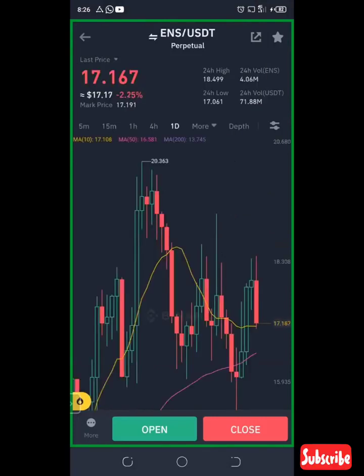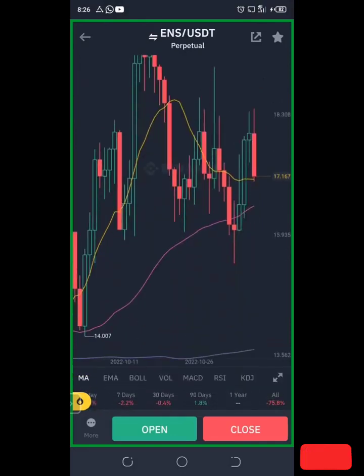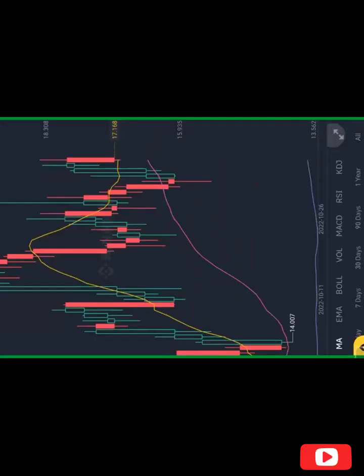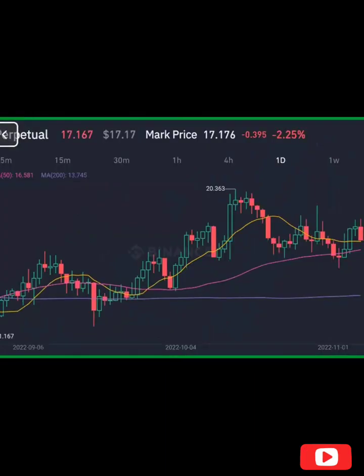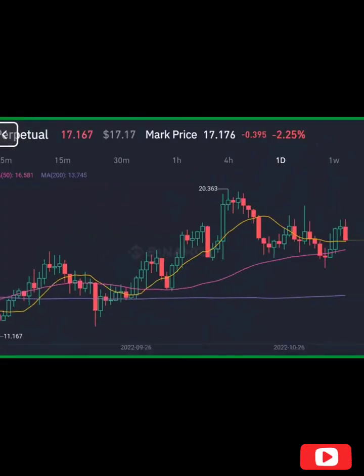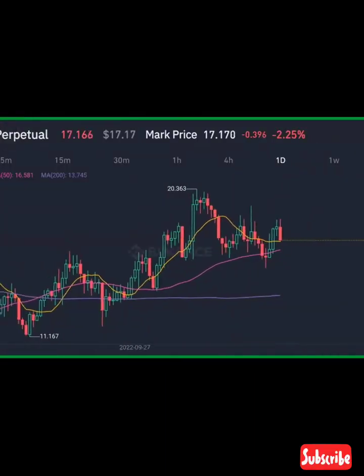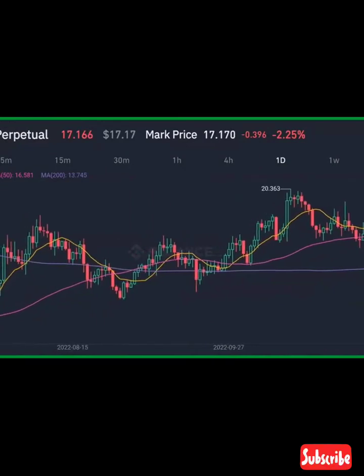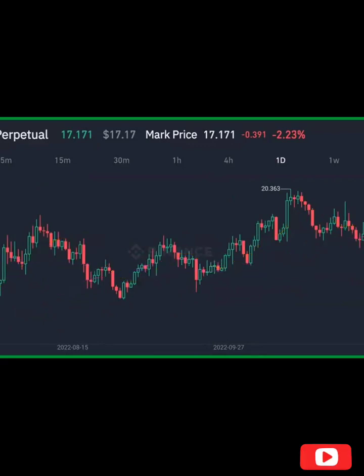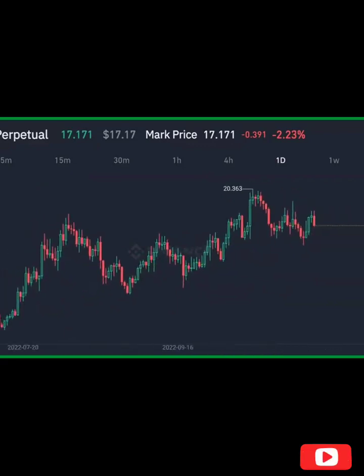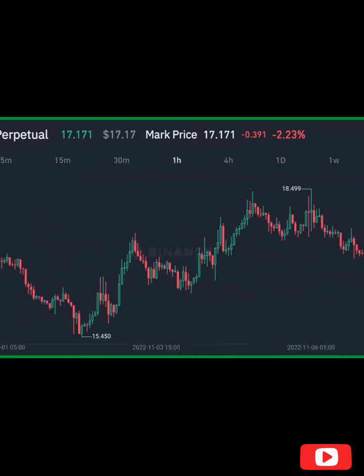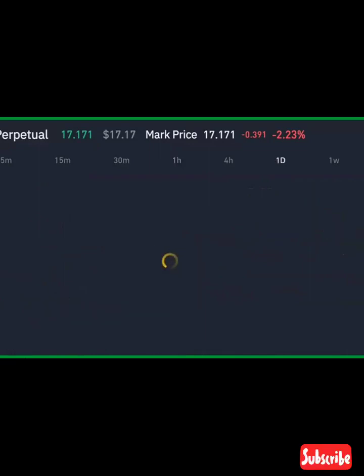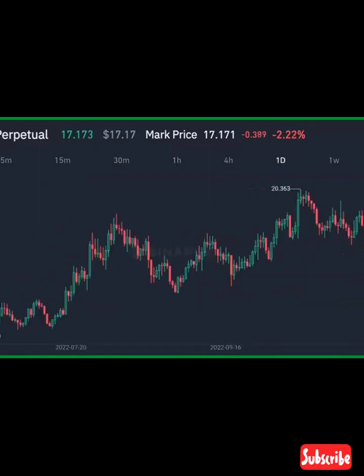It's the 1 day time frame. Okay, so all these indicators. Let's go to 1 hour, or let's start from 1 month.